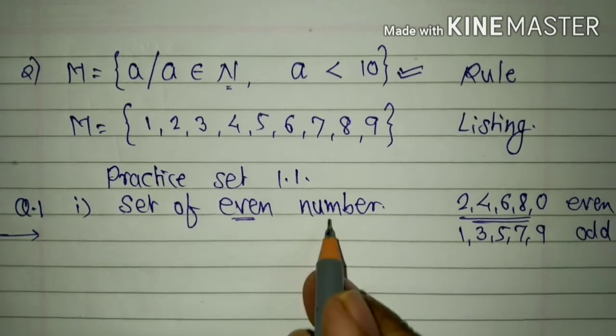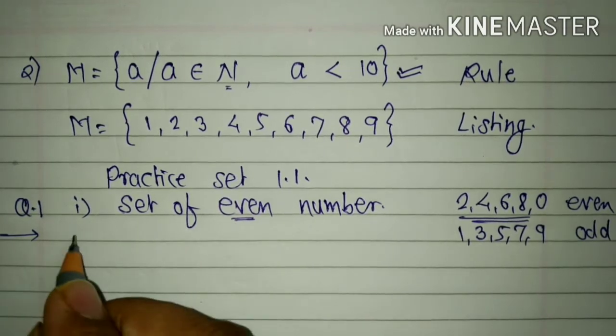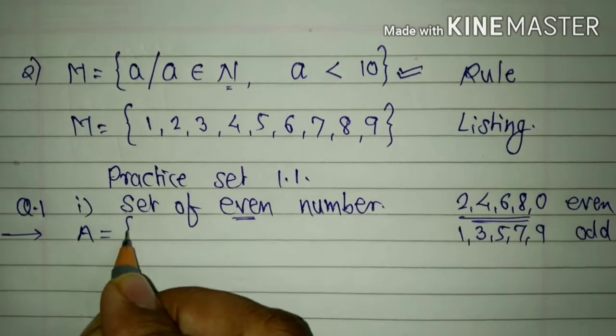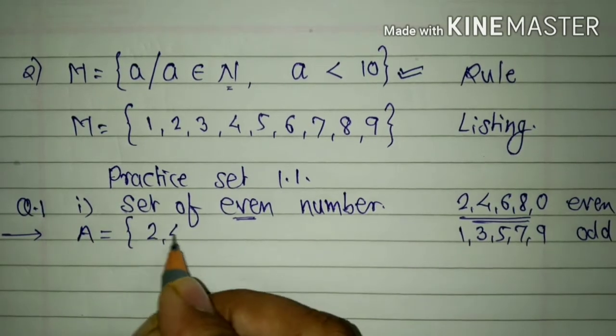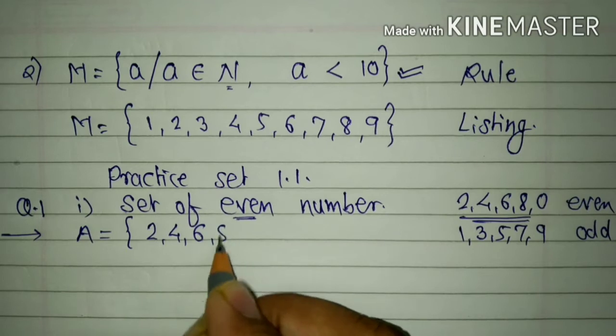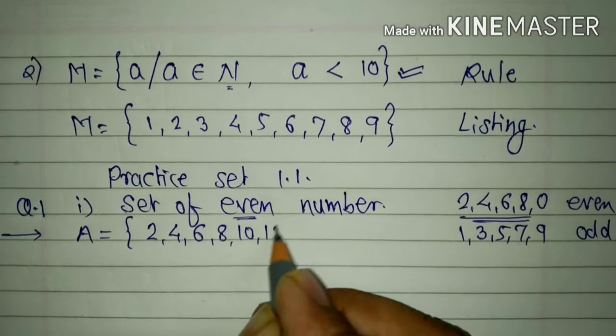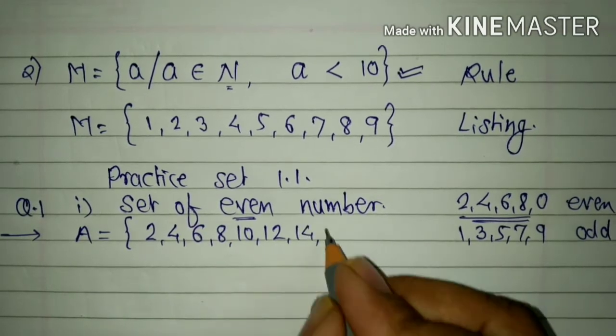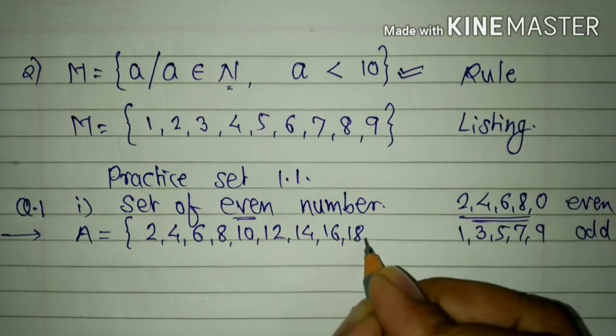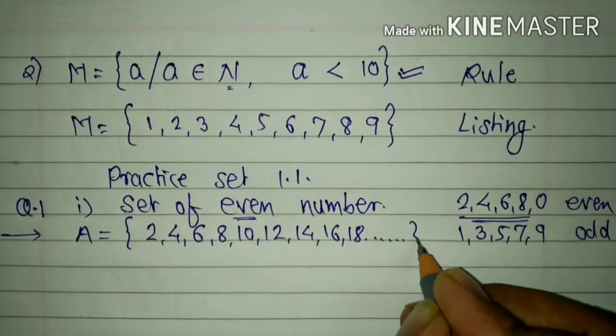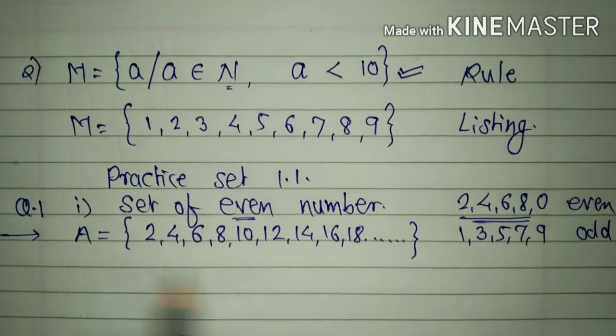So the set of even numbers, I can write, suppose A is equal to 2, 4, 6, 8, 10, 12, 14, 16, 18 and so on. So this is the set of even numbers.